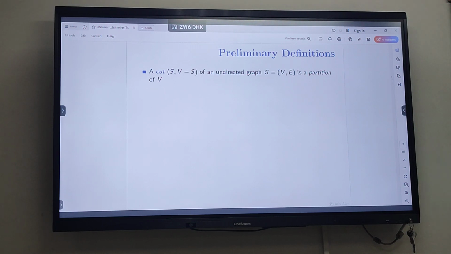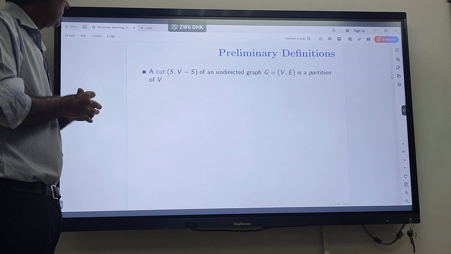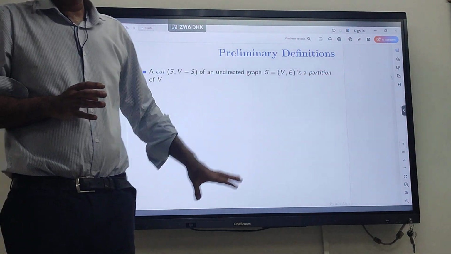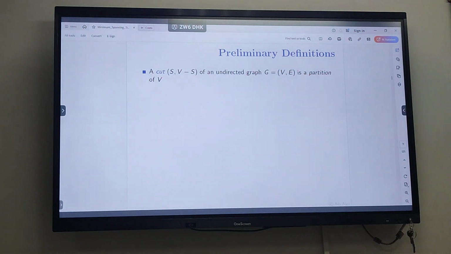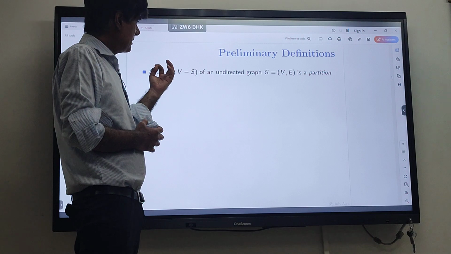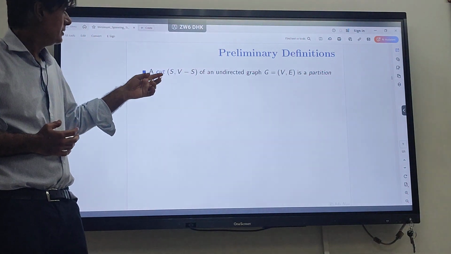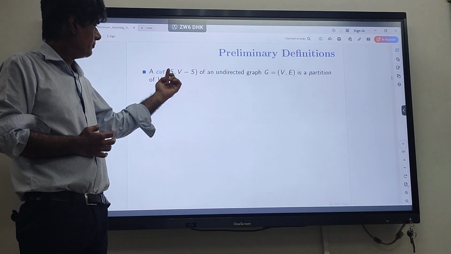So we'll just go through some definitions and then I think we can end for today. So I was talking about two groups, so I will now more formally define it. So in graph theory, a cut in a graph is two groups of vertices.